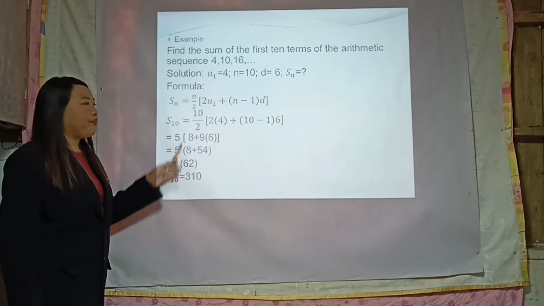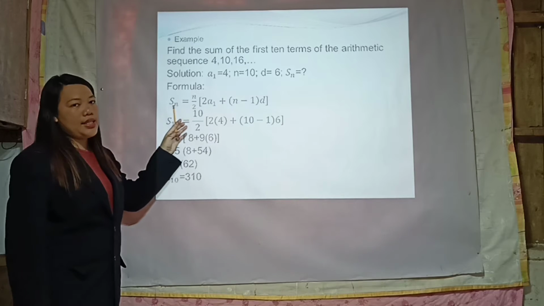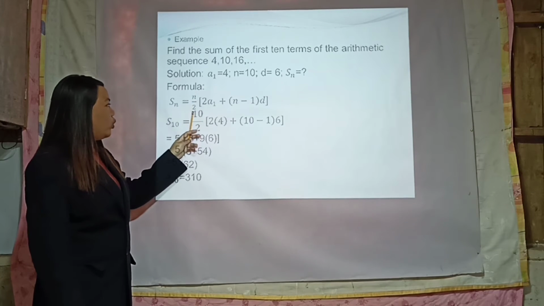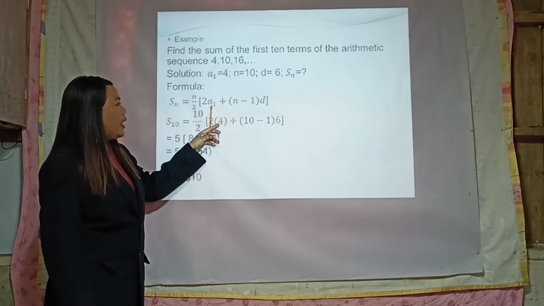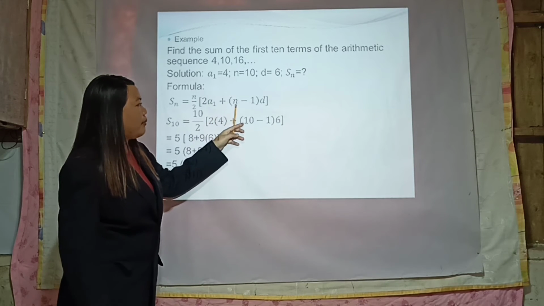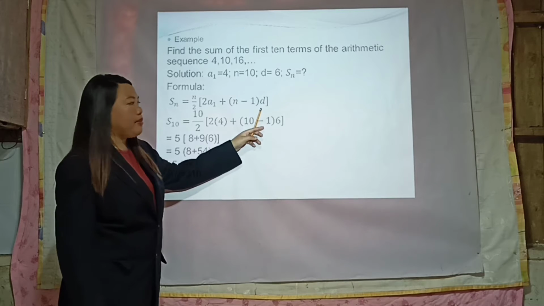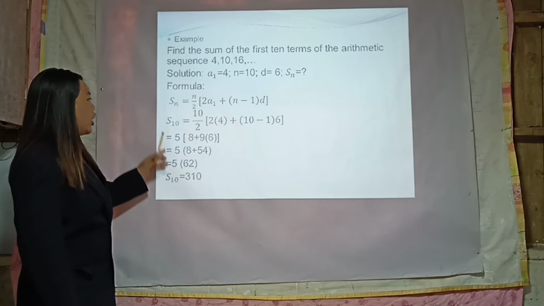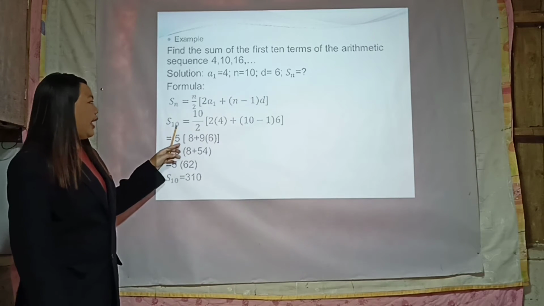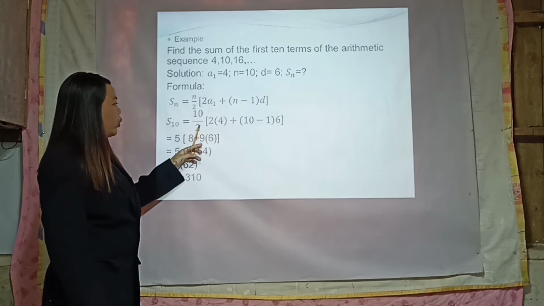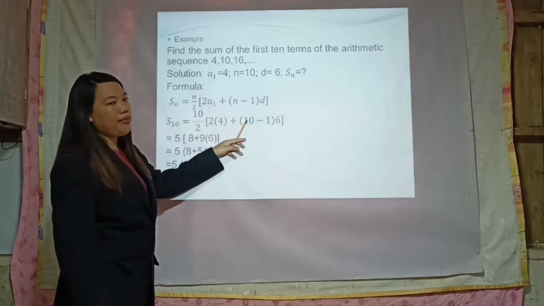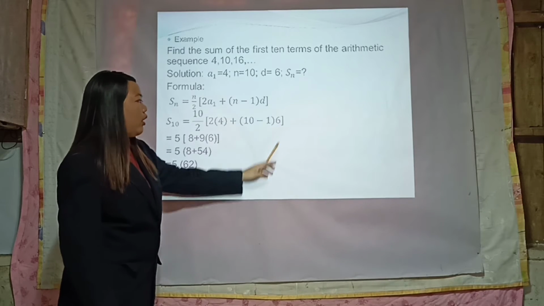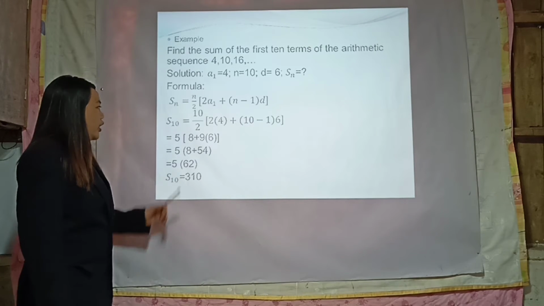Formula: S sub n is equal to n over 2 times 2 times a sub 1 plus n minus 1 times the common difference. So S sub 10 is equal to 10 over 2 times 2 times 4 plus 10 minus 1 times the common difference 6.